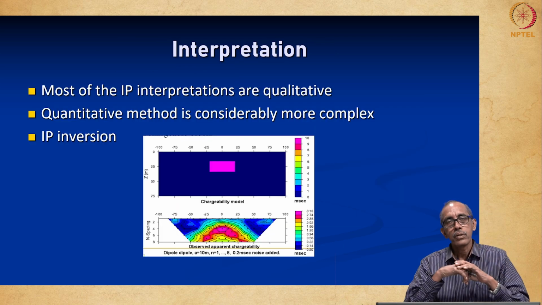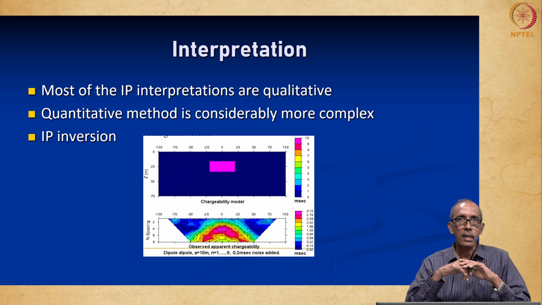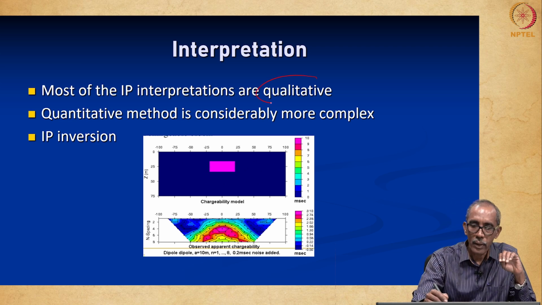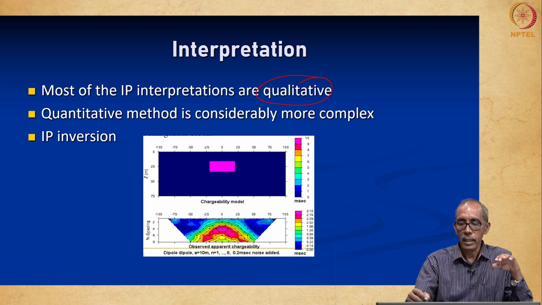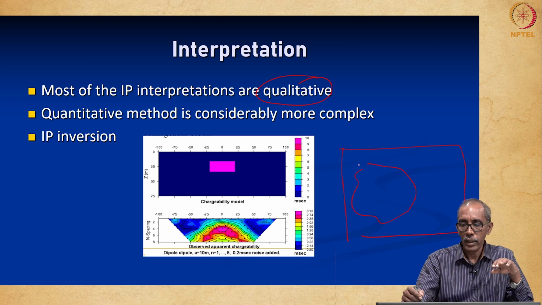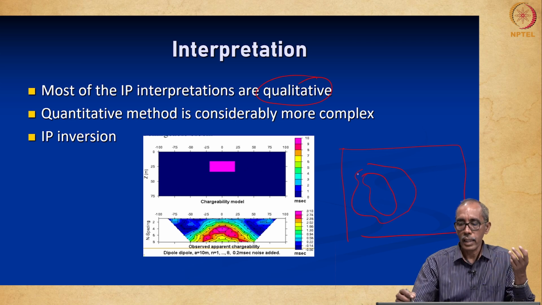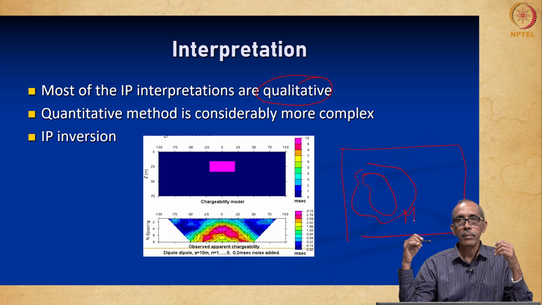Now, coming to the interpretation of the data. Most of the interpretation is qualitative. In the induced polarization method, we get a map of a particular area, let us say a map of chargeability M, or we may also estimate the milliradians.